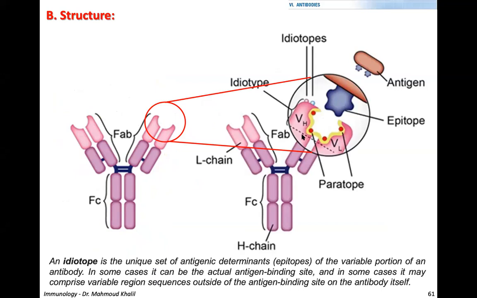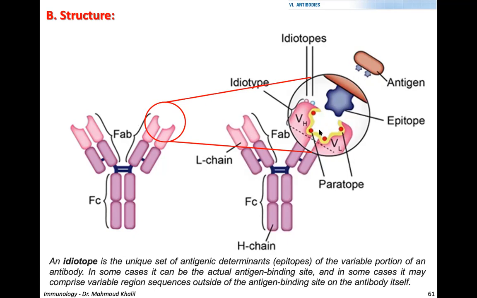You have the idiotype, which is one part of the epitope binding site, and you have the idiotopes, and you have the paratopes, which share their part in the epitope identification, joined by the two variable regions from the light chain and the heavy chain that can recognize the antigen.